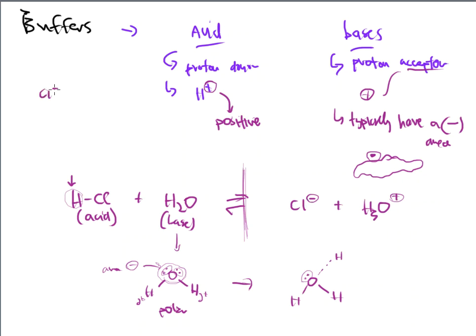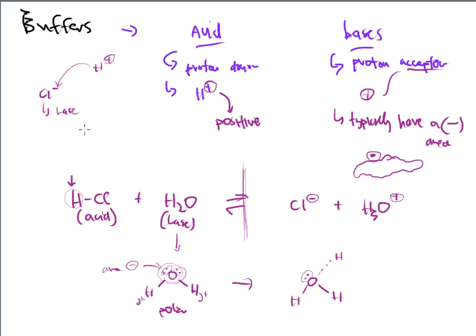The Cl-, well, by definition, this could be a base. Because if a proton comes into the picture, maybe that proton will want to hang out with that chlorine for a little bit. And nothing says that chlorine can't make that decision. Chlorine could accept that proton if it needs to.